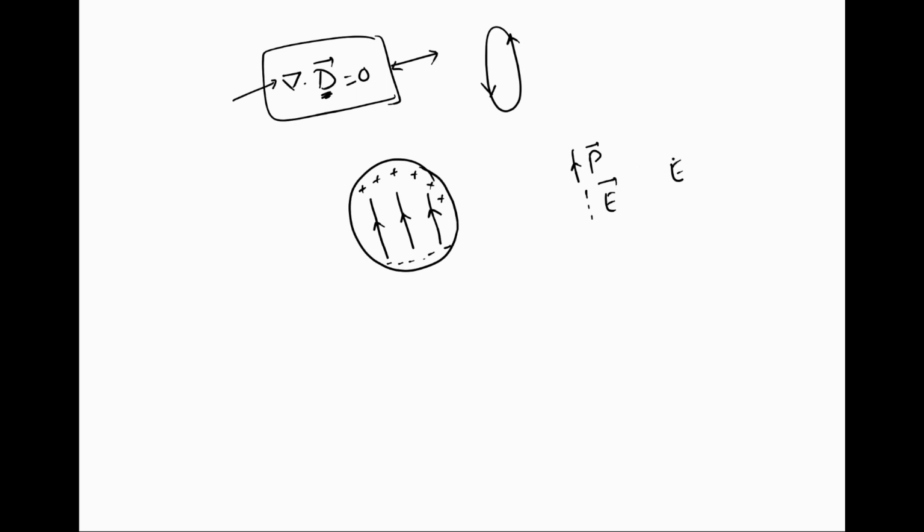We know that the resultant electric field inside it is minus P over 3 epsilon naught. So the electric field will be in this direction inside, and outside this dielectric sphere the electric field will be like this. Although I should have drawn dotted according to the legend, it is understood that the field lines will be like this.